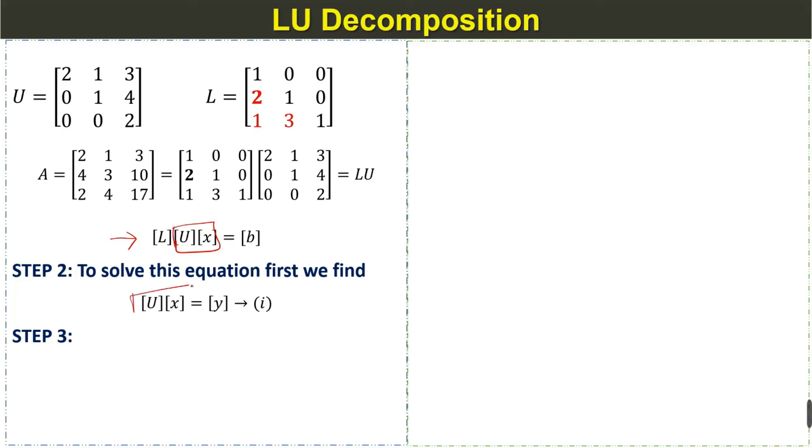Step 2: the lower triangular matrix times the upper triangular matrix times the column matrix X is equal to an arbitrary column matrix Y. This is equation 1.